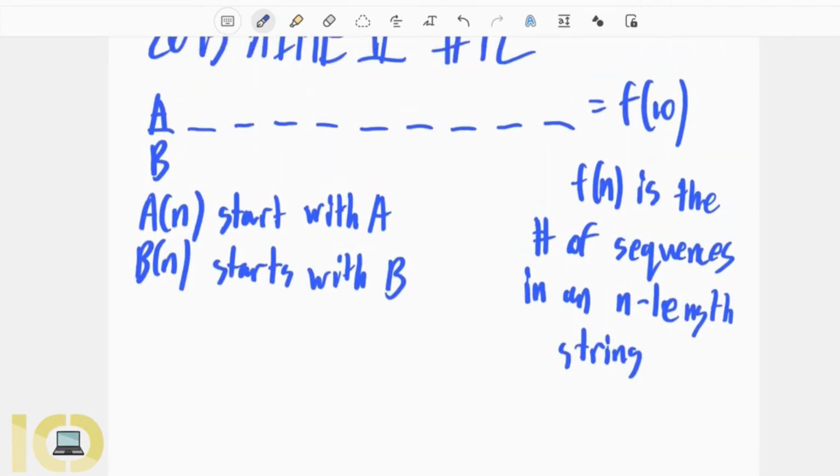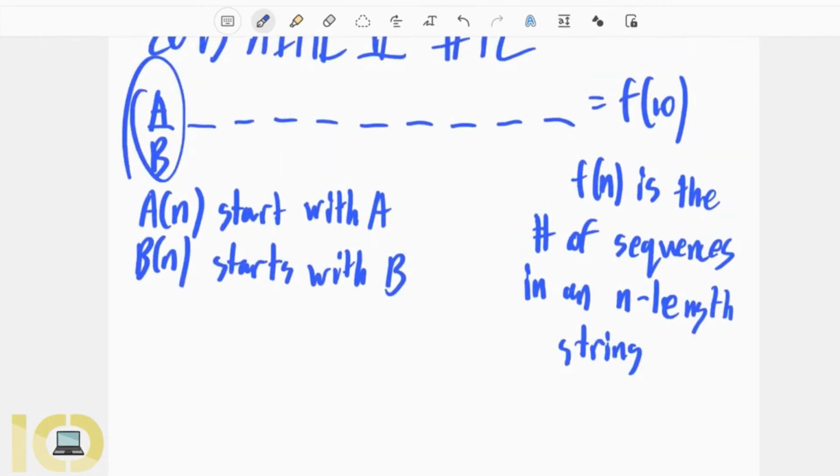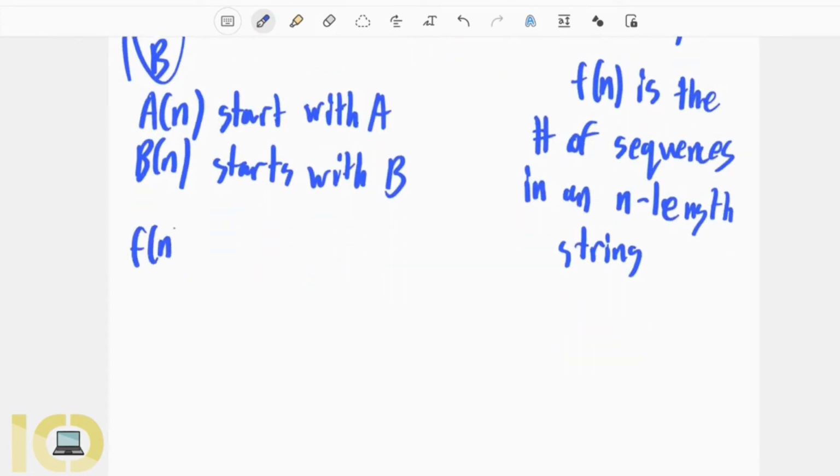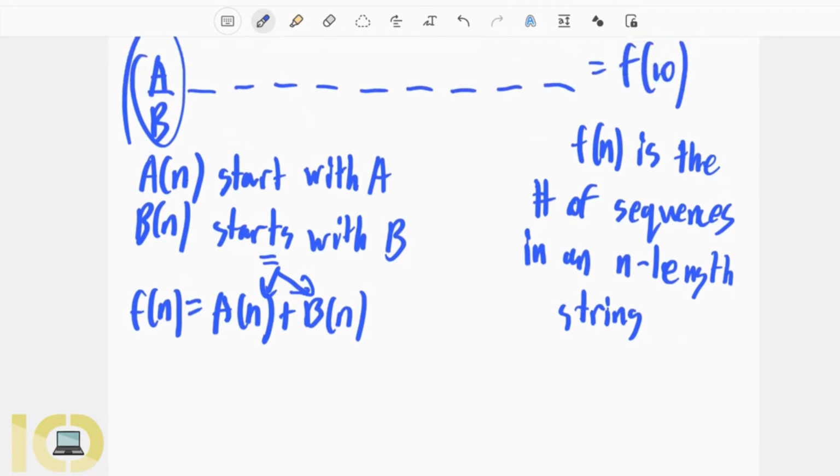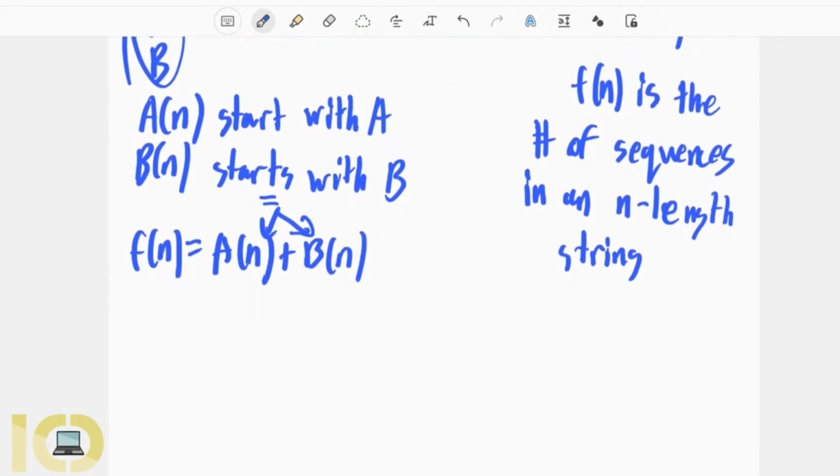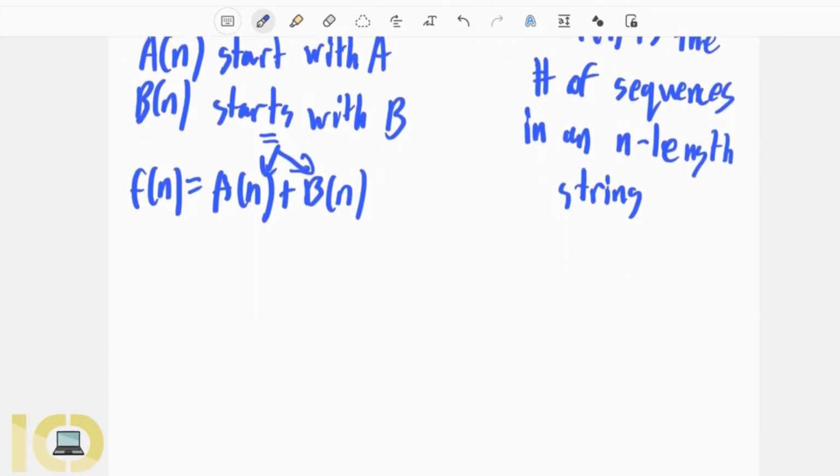So we know that since it either has to start with an A or a B, f of n must equal A of n plus B of n. So we can see that these two are equal. A of n and B of n are equal because they're symmetrical cases. So now we proceed to find out what A of n is.